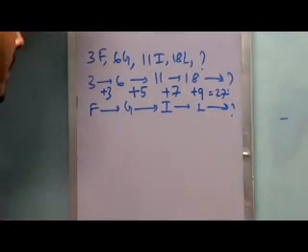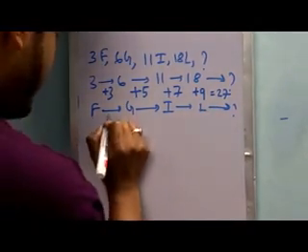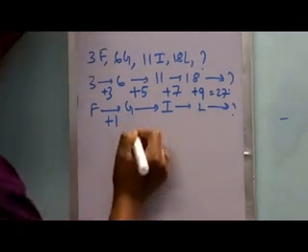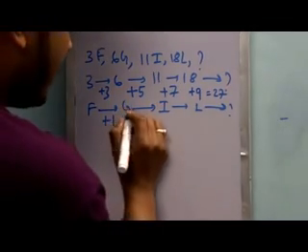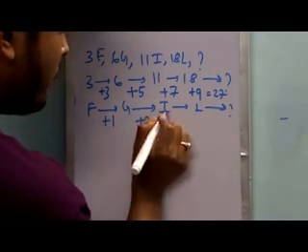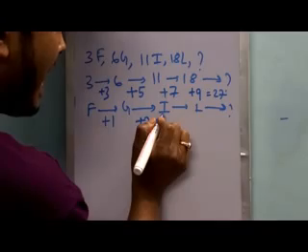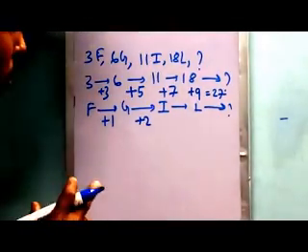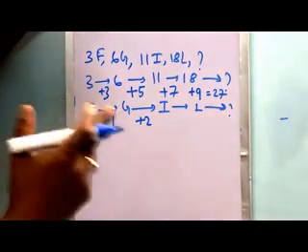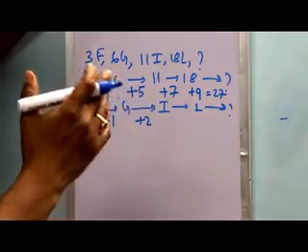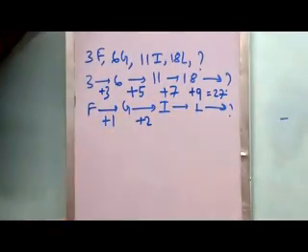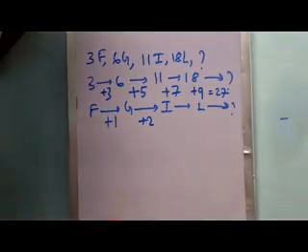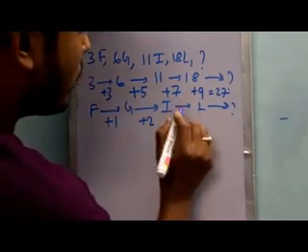The next one, G comes just after F. So F plus 1 equal to G. G plus 2 equal to I, because if we move from G to I, it is the second letter from G. So you have to move 2 positions forward from G to get I. So that is G plus 2 equal to I.